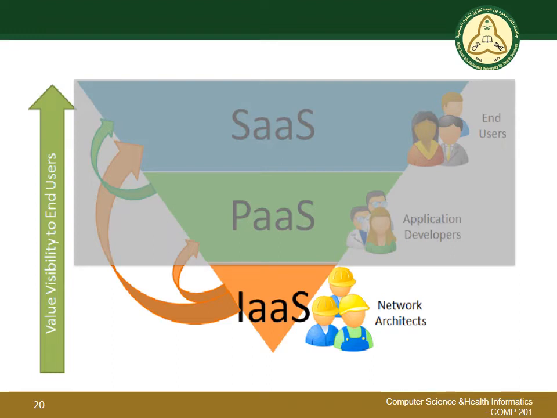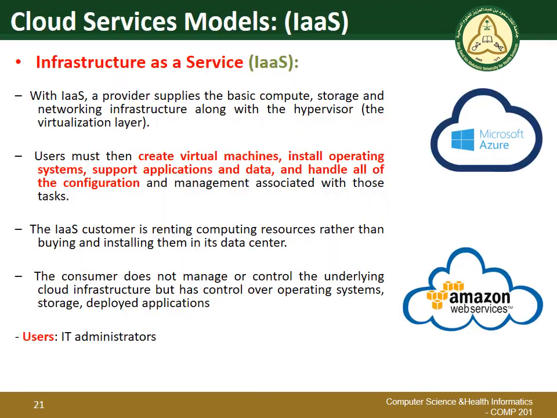He could subscribe to Amazon Web Services to get an elastic server, to get a server running on the cloud within a few clicks. So the value is really feasible for these kinds of end users.